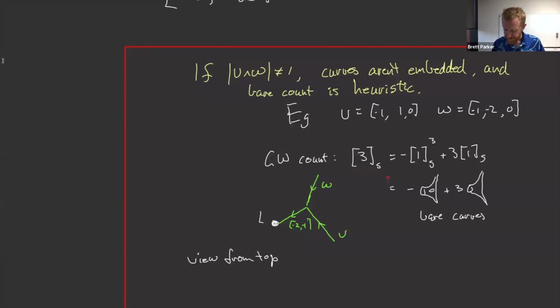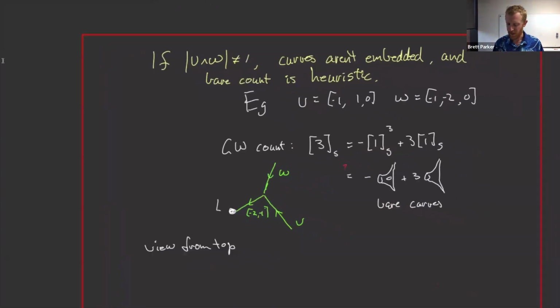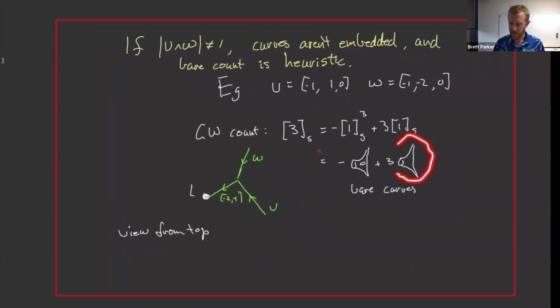Anyway, the count of curves that you see here would have 3 genus 0 curves, but when you look at the curves that are there, they intersect themselves 3 times, and you get a higher genus curve in there as well.